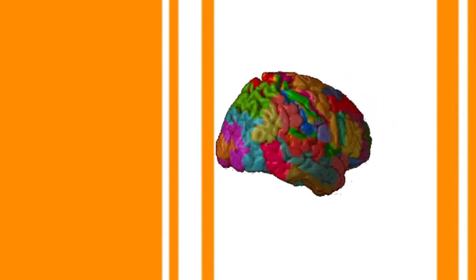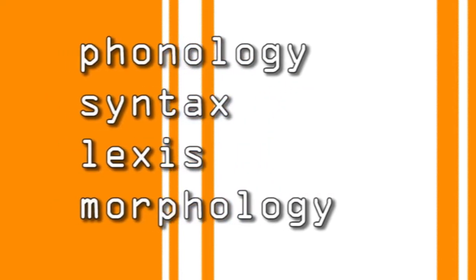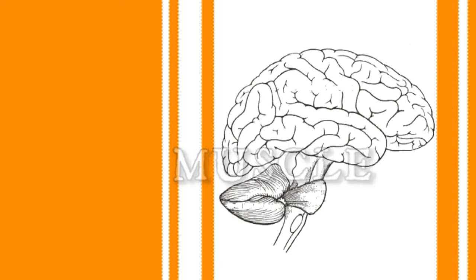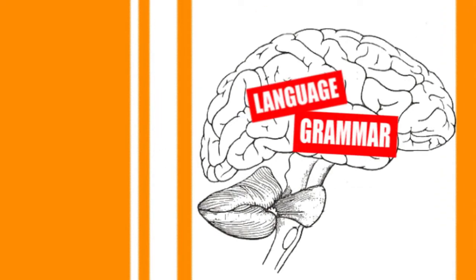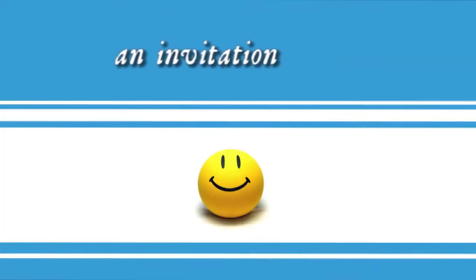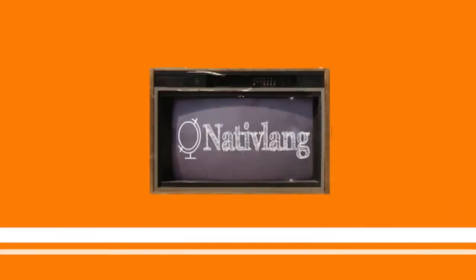Yes, being that specific with our familiar general academic terms will require a bit more intellectual muscle than ignoring the brain or slapping stickers like language, grammar, speech onto some part of your cortex. But consider it an invitation to get to know your brain and your brain on language a bit better. Thanks for learning with me.